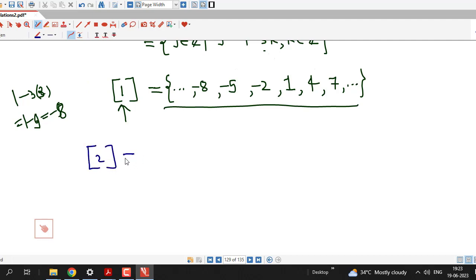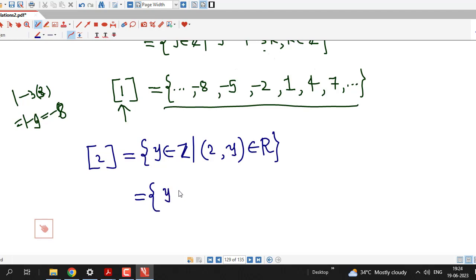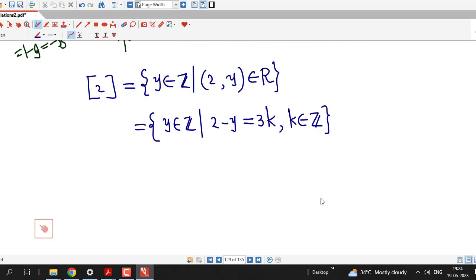The equivalence class generated by 2 equals all those integers y such that they are related to 2, that is, ordered pair (2, y) belongs to R. Now (2, y) belongs to R if the difference 2 minus y is divisible by 3, that is, 2 minus y is a multiple of 3, so I can write 2 minus y equal to 3k, k belongs to Z. And this gives y belongs to Z such that y equal to 2 minus 3k, k belongs to Z.